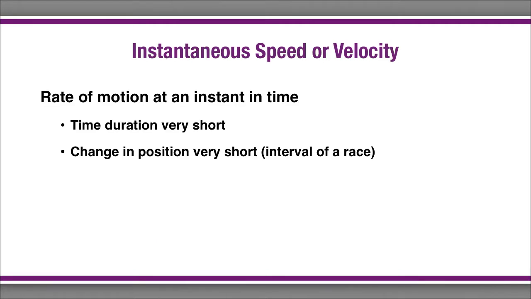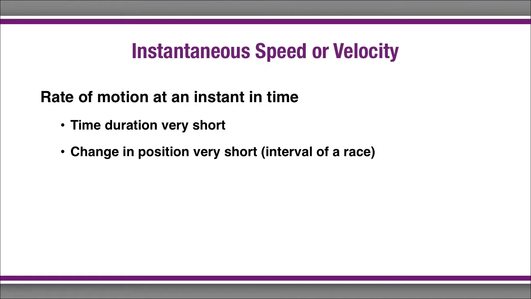Instantaneous speed is your rate of motion at a very specific point in time or a very short interval of time. Especially in some type of race, it can give you good information about when an athlete may be peaking, hitting their highest speed or highest velocity in a given interval or event. This should be pretty common sense, but average speed, while a good indicator of what's happening overall with a certain event, is the average.